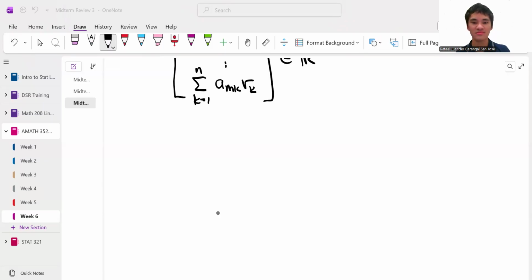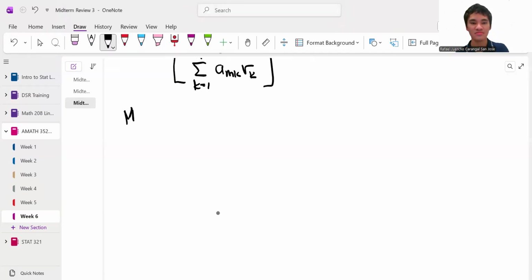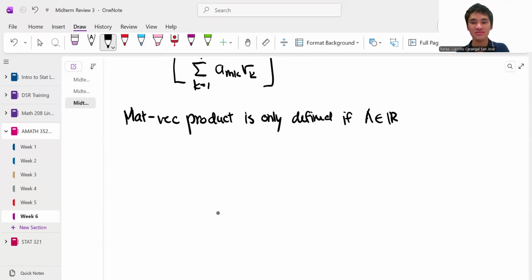What does that mean? Let me just write it out. The mat-vec product is only defined if, say, we have matrix A, M by N, and we have vector v in R^N.